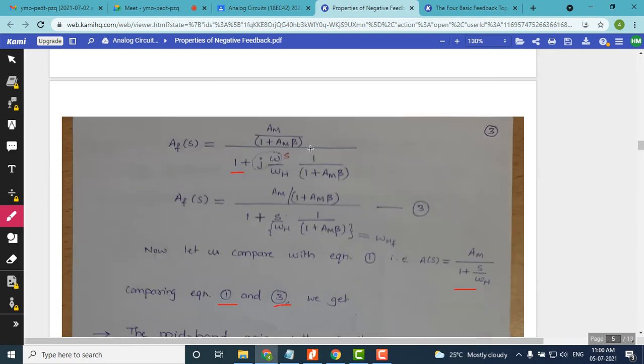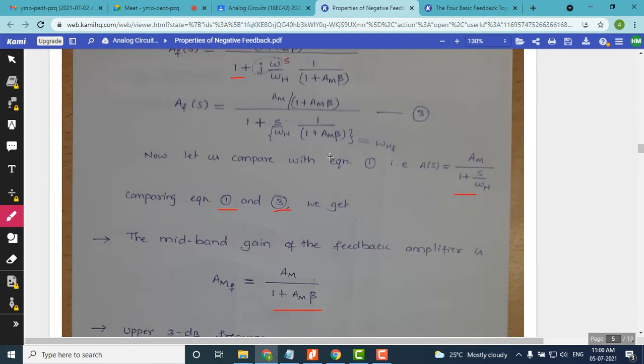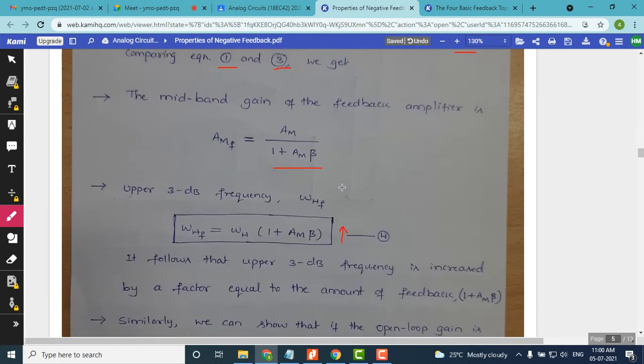We have arrived at the expression for the transfer function, which you can see here, and from this we have extracted the higher cutoff frequency expression, omega HF, you can see here. That is, the higher cutoff frequency is nothing but omega H times 1 plus AM into beta. AM is nothing but the open loop gain, and beta is the gain of the feedback network.